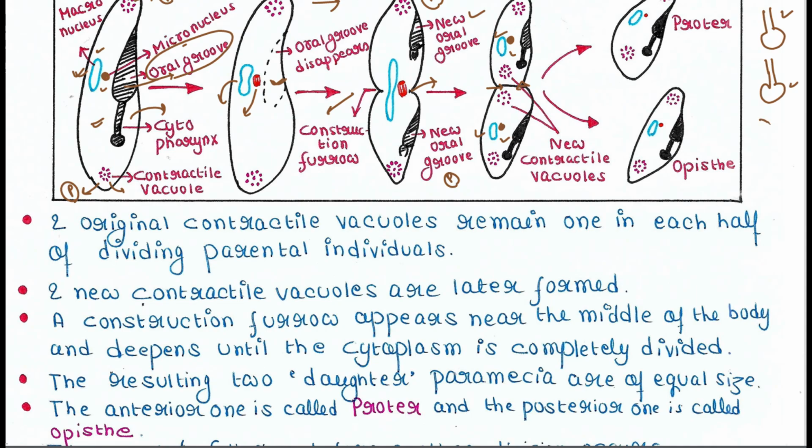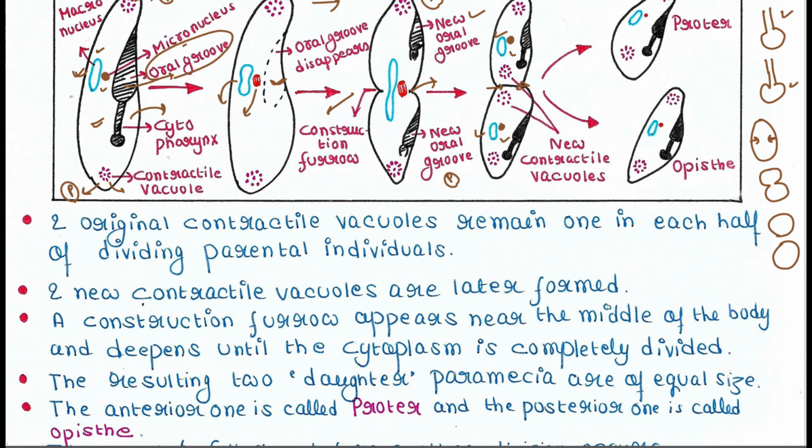See, suppose this is the cell. Now this is the furrow and this is the furrow. So what happens? These will be formed. Now these two furrows will meet each other, and then the cell will be finally divided in this way.